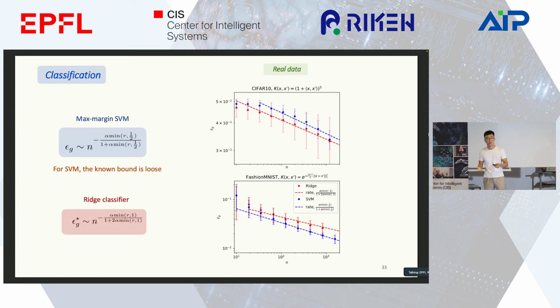So we just wanted to check if this theory could also hold beyond the Gaussian data distribution case. Here are some plots for CIFAR10 and Fashion MNIST, again with some standard kernels. Again, dots are simulation. Dashed lines are semi-empirical rates where we measured this alpha and R on the datasets and plugged that into our formulas. And as you can see, the agreement is pretty satisfying.